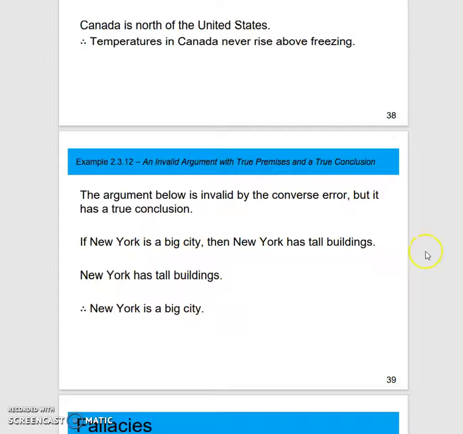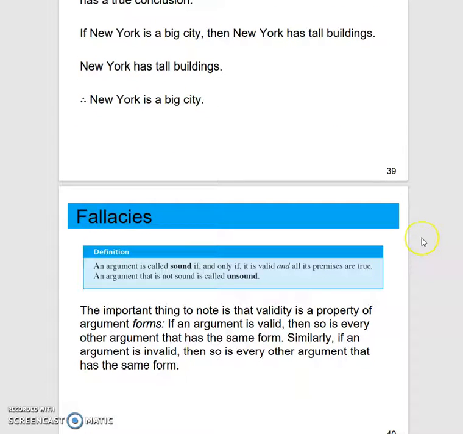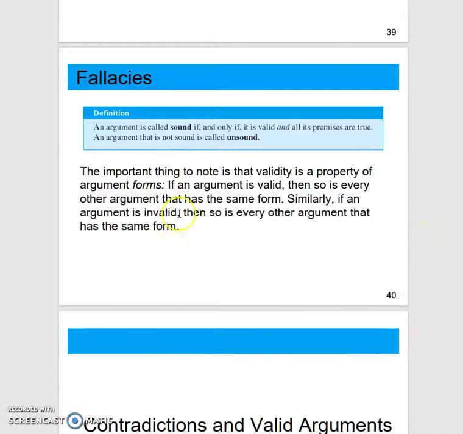We've got a converse error. So I can say a true statement, but I still have an invalid argument. And we can also use that term sound, where we say it is not only valid, but all of the premises are true. And needless to say, we want sound arguments.